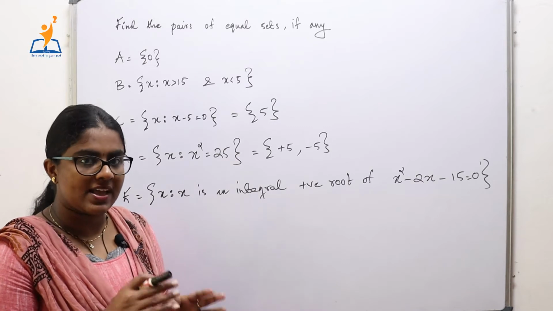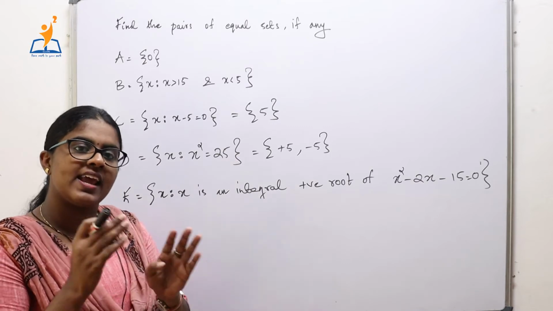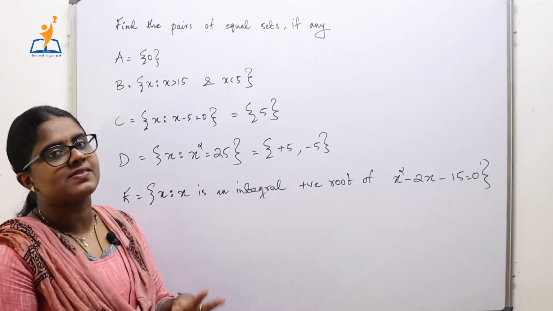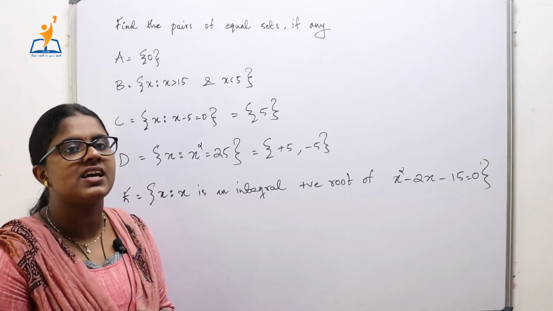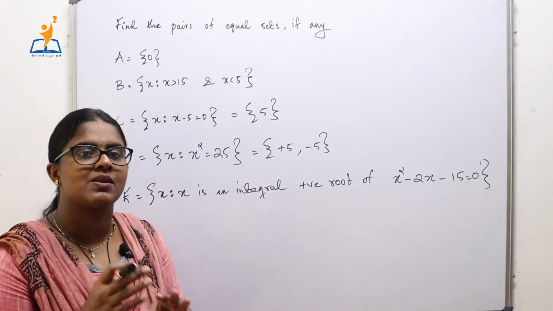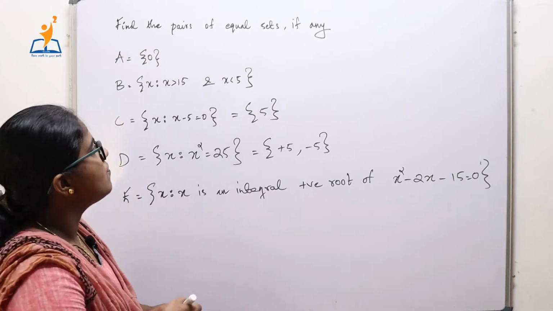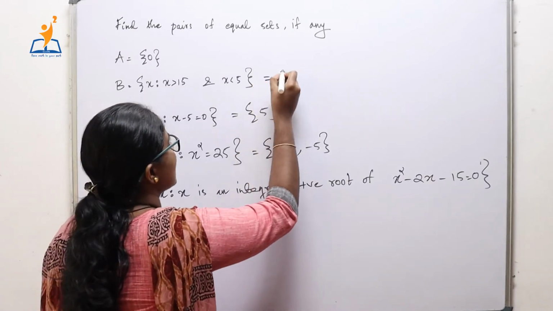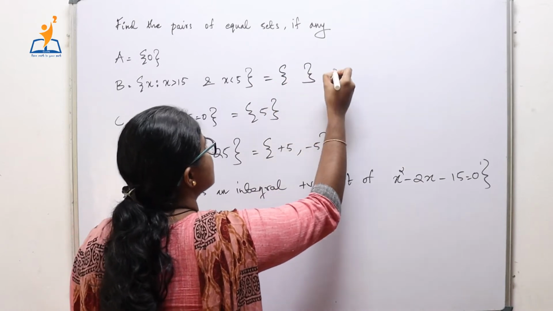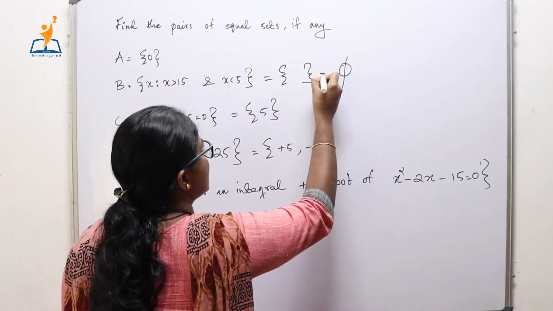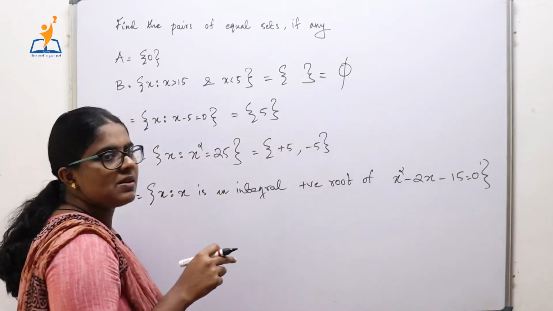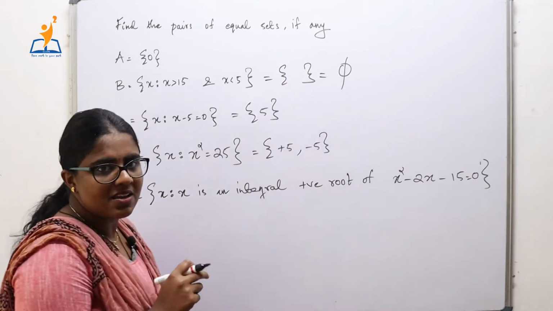That means x should be a number which is greater than 15 and less than 5, and we know that there is no number like that. So we can conclude that this set contains no element, that is, this is an empty set. It can be denoted using these empty brackets or the letter phi.